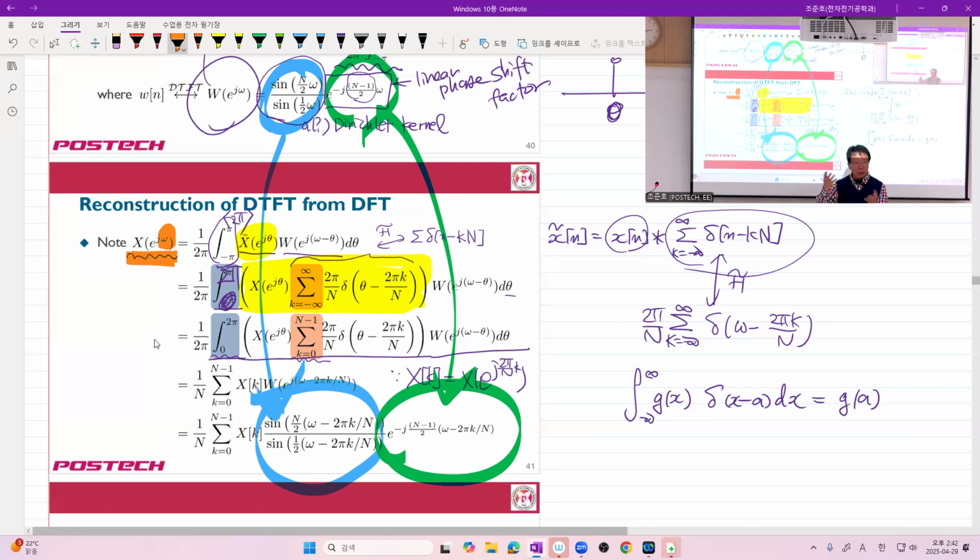Because we need a countably infinite sum. So we truncate by multiplying a window function. Then some of the original signal's information is gone. However, we believe that the DFT of this part contains most of the important frequency domain information. Got it?